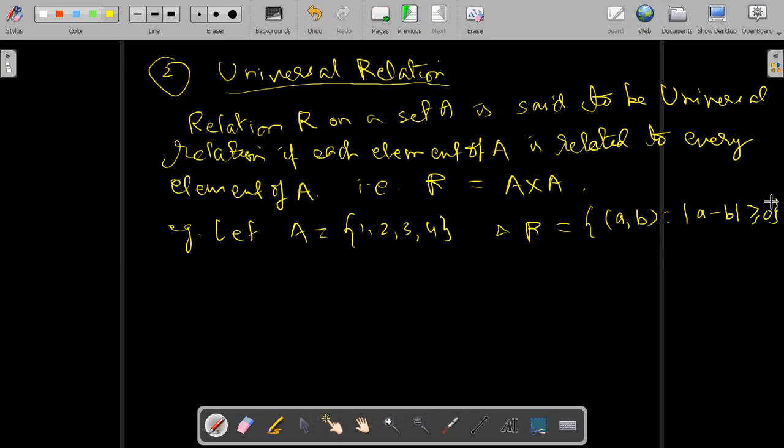The difference of any two numbers will be greater than or equal to 0, obviously. 1 minus 1 is 0, but 1 minus 2 will be greater than 0, and all others will be greater than 0, so it will have all the ordered pairs of A cross A. Then R is a universal relation.